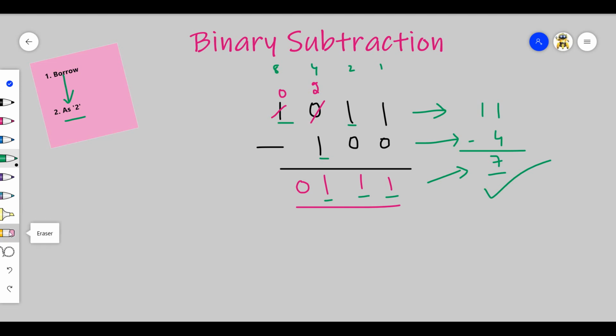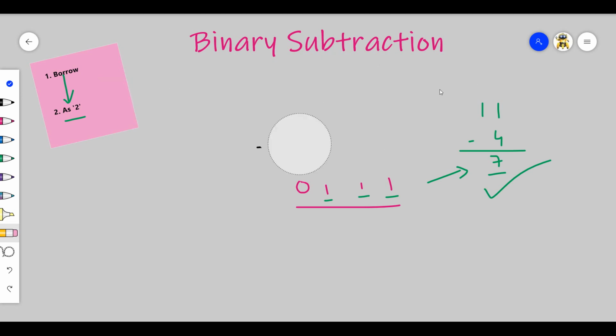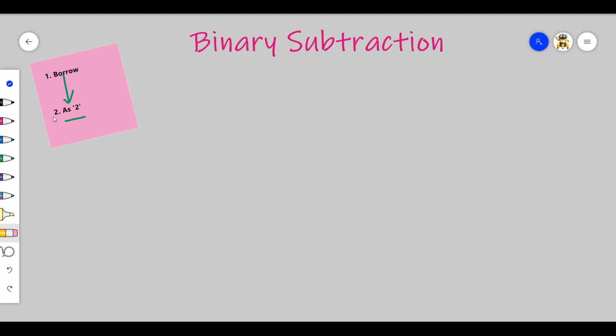Okay, now let us take a look at a few more examples. Let me consider a binary number 1 0 0 1. Now I want to subtract 1 1 0.